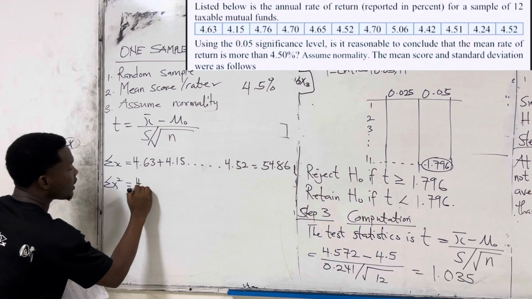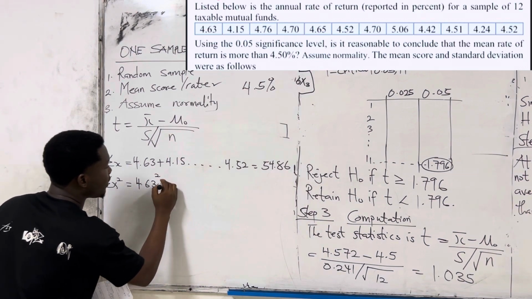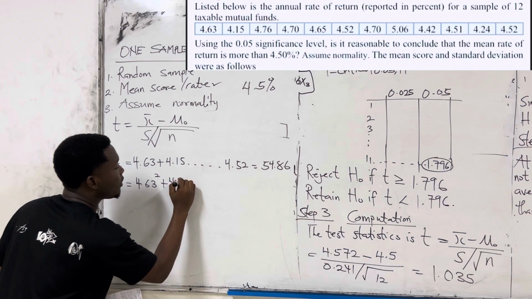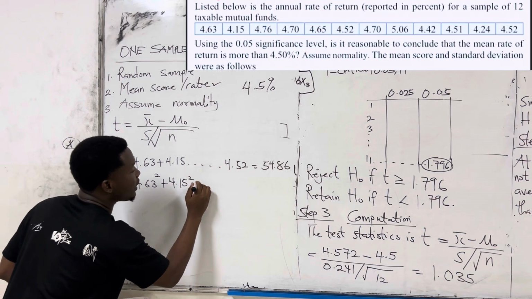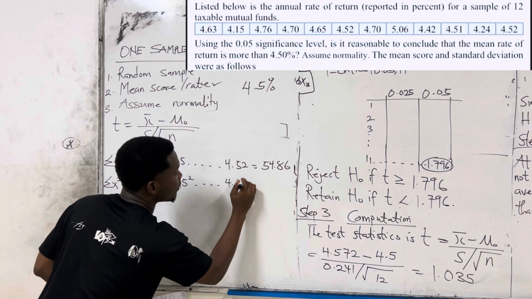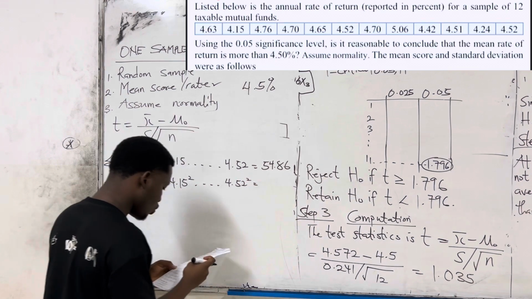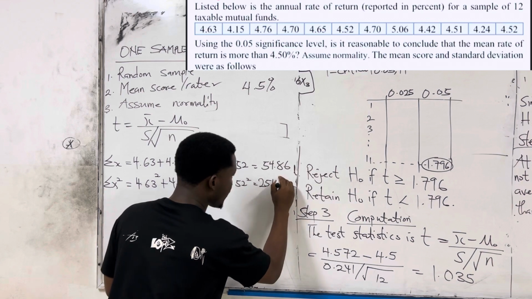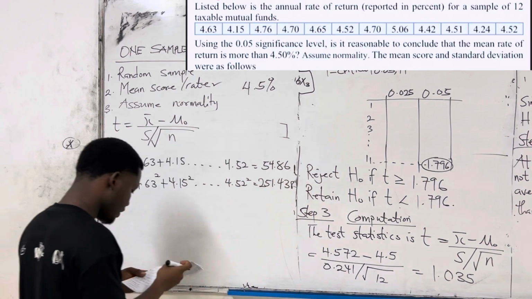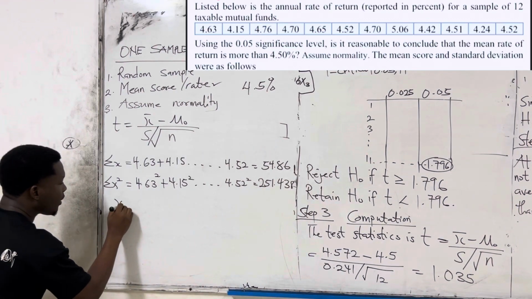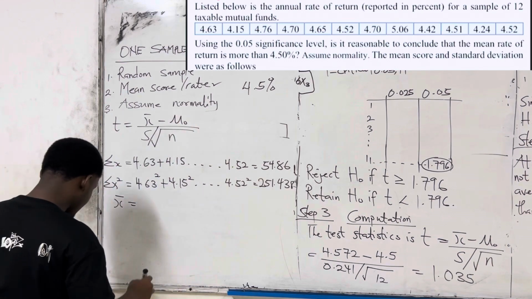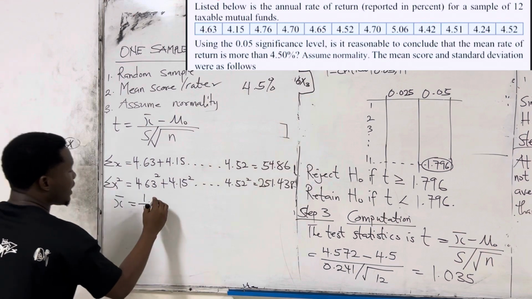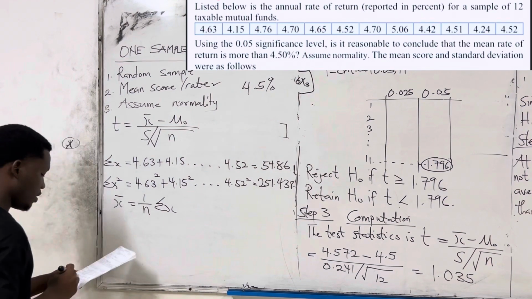For this one, we square each value, or you can solve it and write the figures plus. We have each of these squared. That too will give you 251.438. Now, the mean is given by 1 over n multiplying the summation of x.